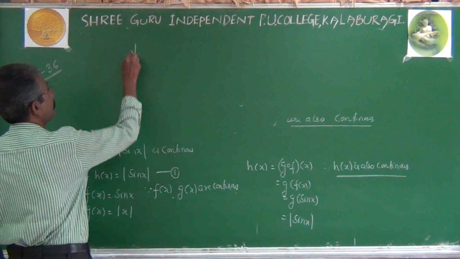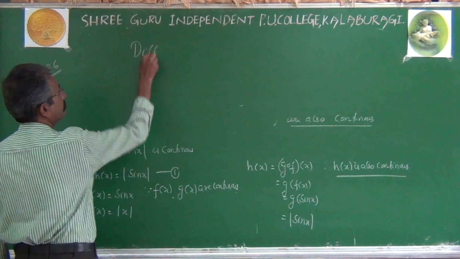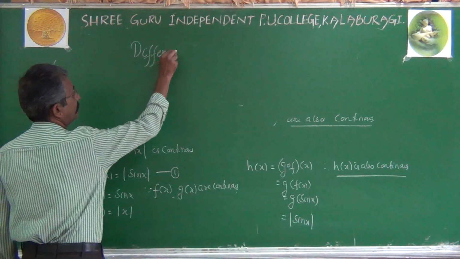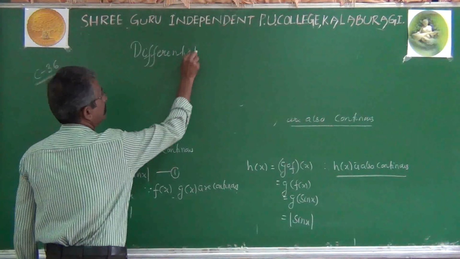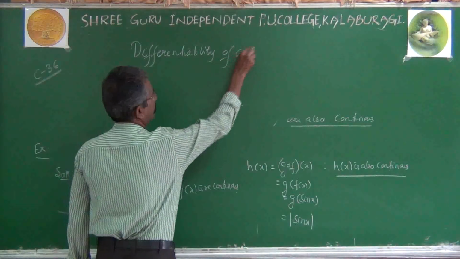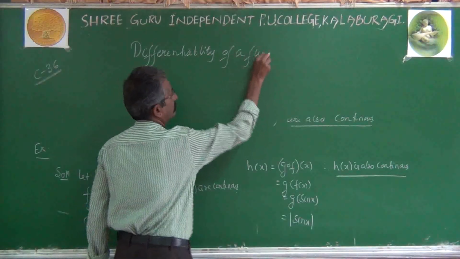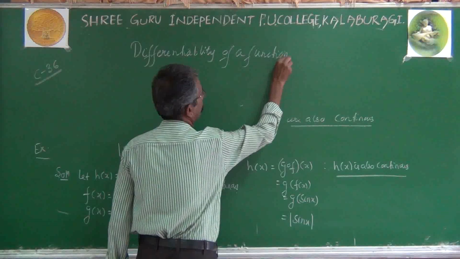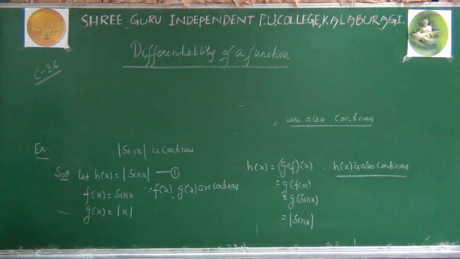Heading: differentiability of a function. A function that is able to be differentiated is said to be differentiable.